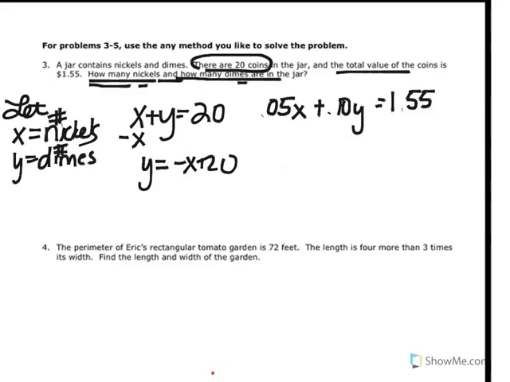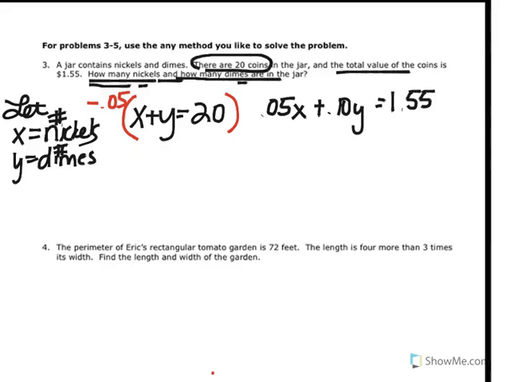Now, the other thing you could do is use elimination, and I think that's what I'm going to do. Because if we multiply, we can use elimination very easily. I'm going to take this equation right here, and I'm going to multiply everything times negative 0.05.